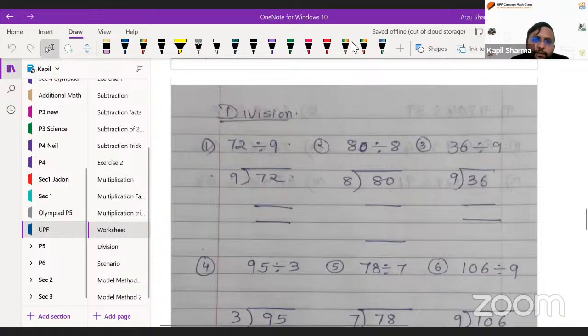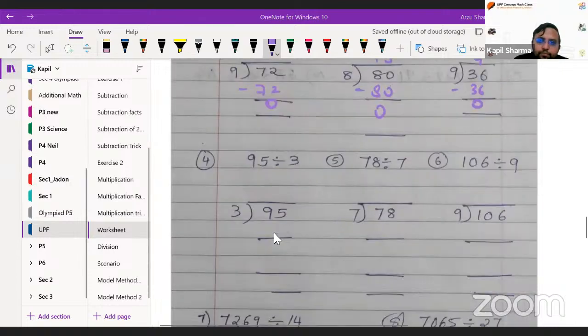Okay, so solve it with me. So first one is quite easy. Yeah. Second one is again 8 times 10. Then 4. Okay, yeah. Then next one.